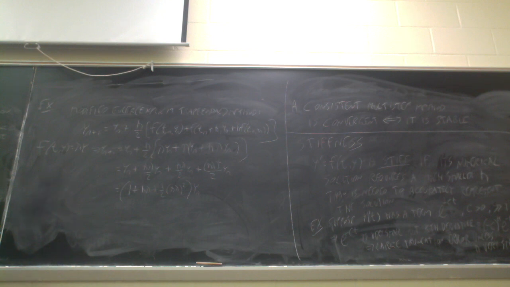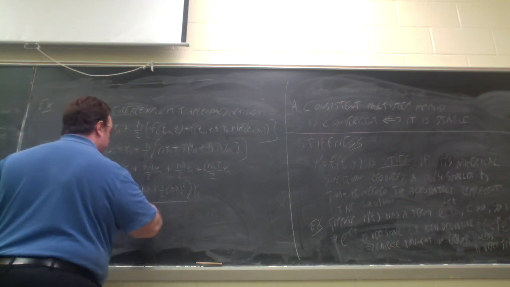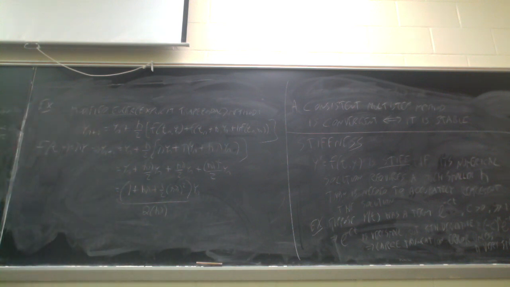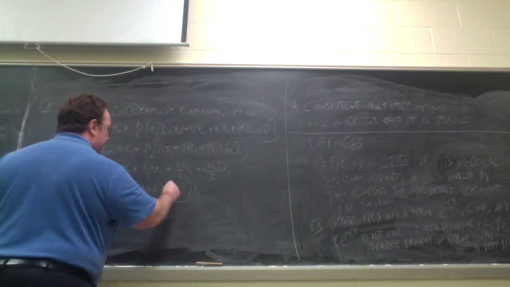So this is my q of h lambda. So I need to make sure that this is less than 1 in absolute value. Now, it's kind of a pain to figure out where lambda is allowed to be in the complex plane.